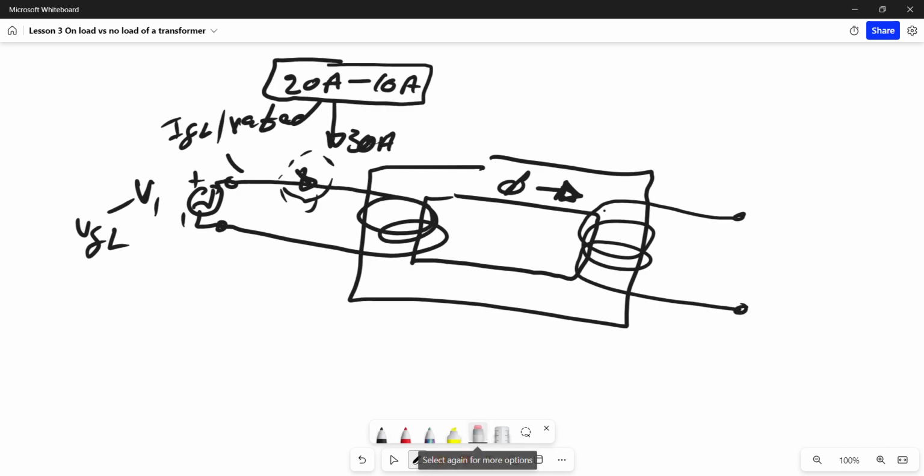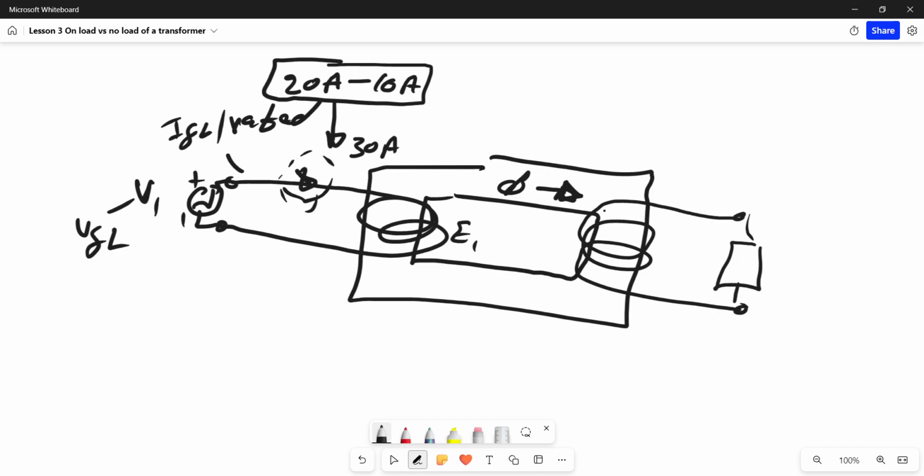Let me write it properly. Let's assume that previously the current flowing in the primary was 20 amps, and then as the process goes on, E1 decreases, and it causes V1 to release more current.